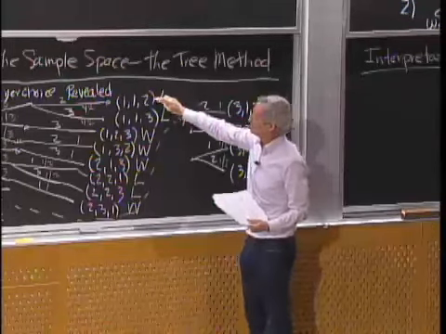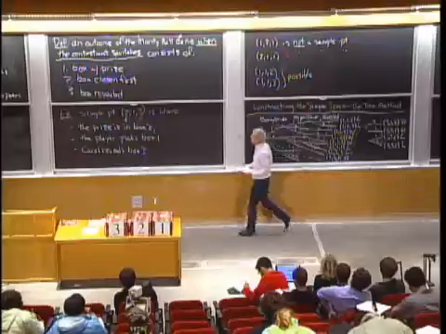Now I've got to get a probability for each outcome. And we do that with the following rule.